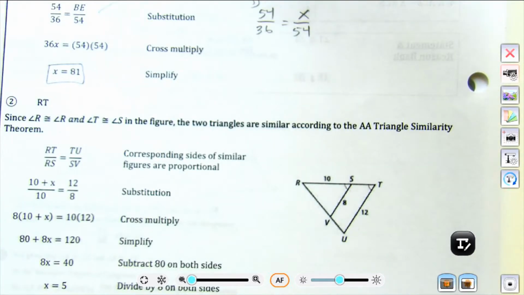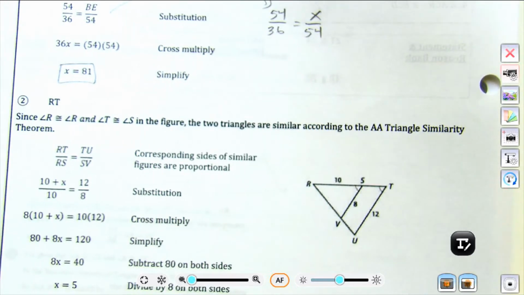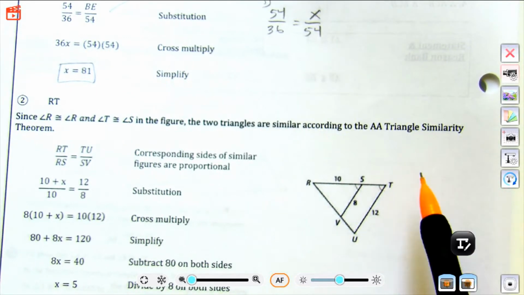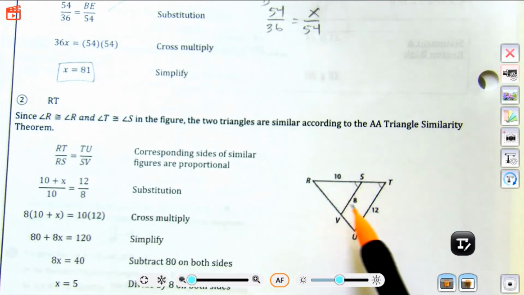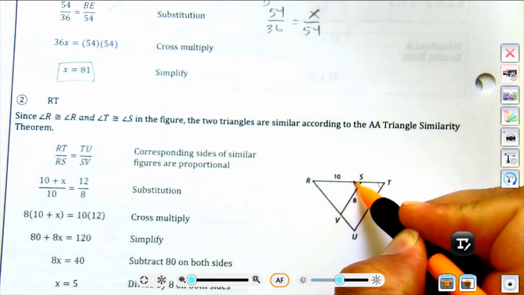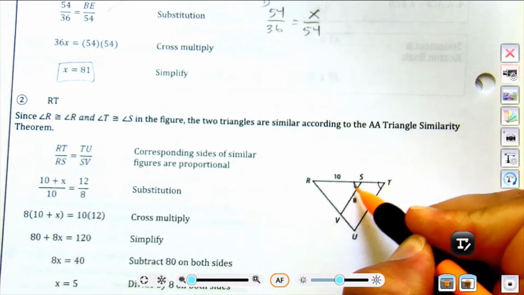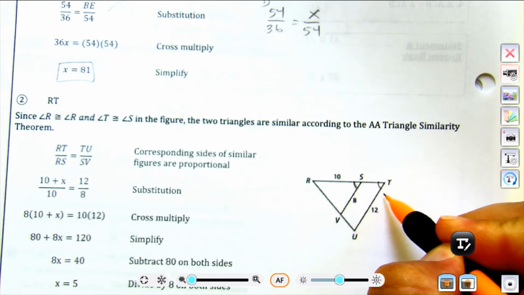How can we use the angle-angle triangle similarity theorem? If we look at this figure, we have one angle. So they tell us angle S and angle T are congruent, but we need another angle.